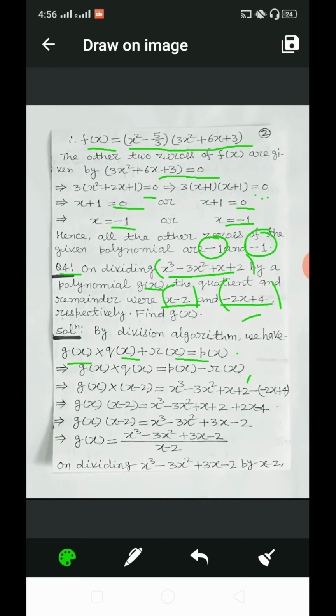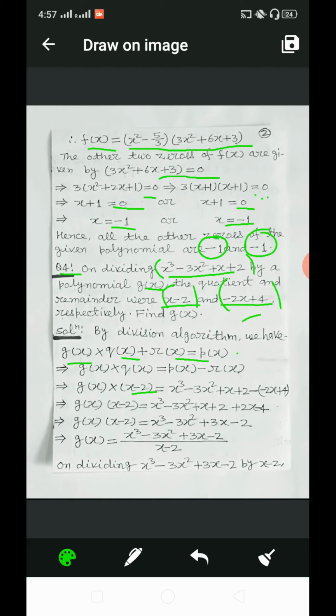After putting the values of p(x), q(x) and r(x), we get g(x) into x minus 2 equal to x cube minus 3x square plus x plus 2 minus in bracket minus 2x plus 4.